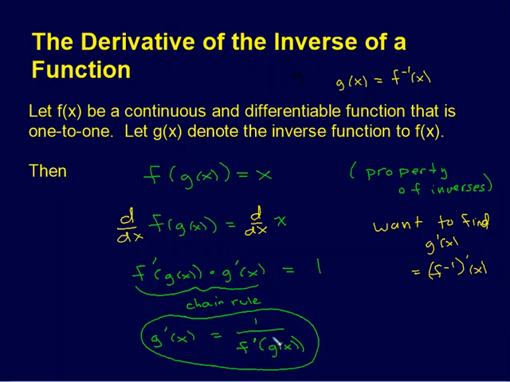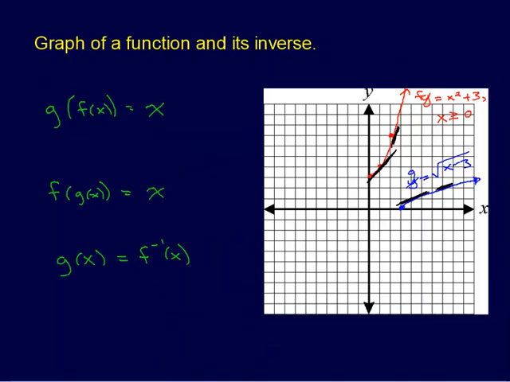And essentially, if I go back to the graph that we had a minute ago, what this is saying is that if I want to find the slope on an inverse of a function, let's say at the point 4,1 on the inverse function, what we just proved was that slope is in fact the reciprocal of the slope at this other point that it came from, the point 1,4 in this case.